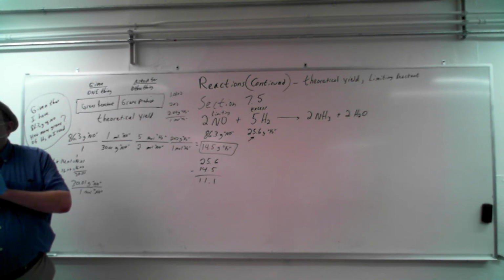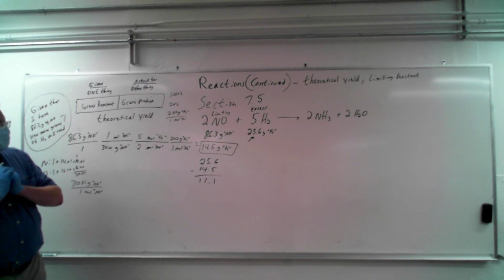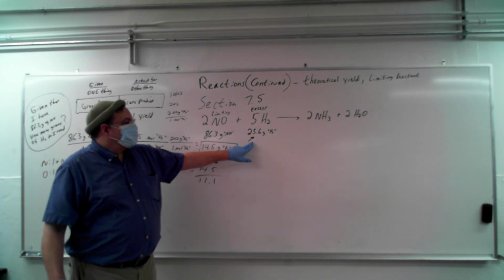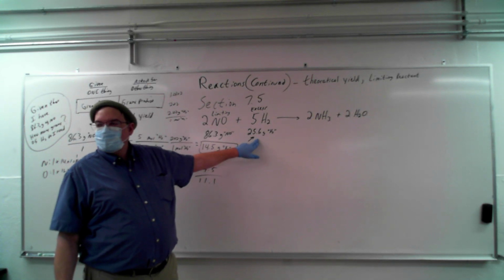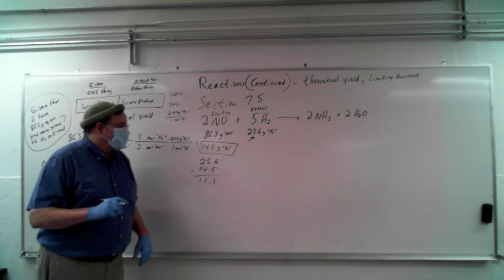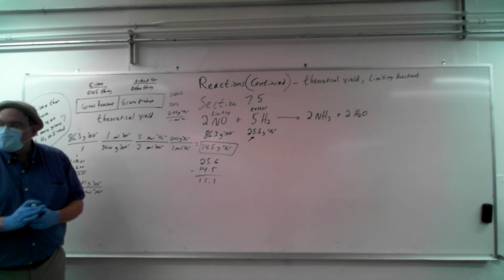Well, we didn't have to find limiting and excess. For the limiting and excess, we don't need to calculate how many grams of H2, because that's what we're finding. The grams of H2 are given to you here. Okay, I see, because we're finding it. You sure? Yes. Ask me outside of class if you still have questions.